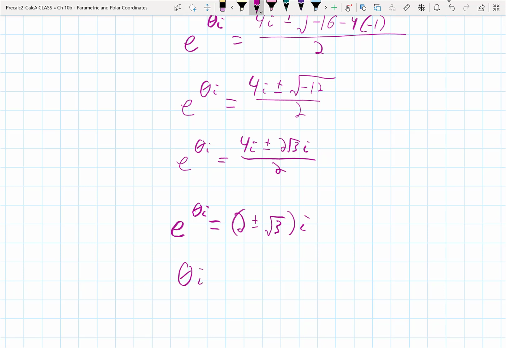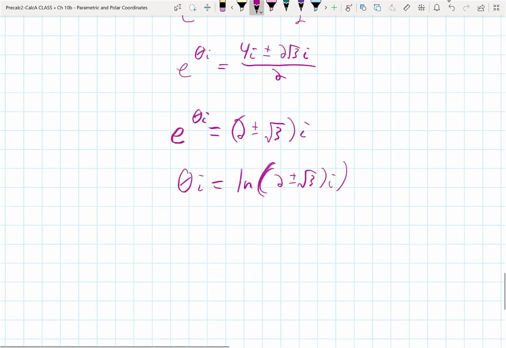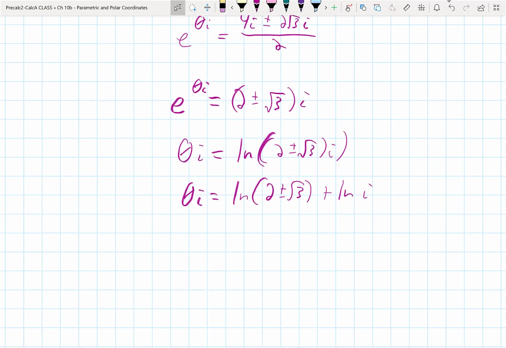Now, that means theta i, if I take the natural log, is equal to the natural log of 2 plus or minus root 3 times i, which by the properties of natural logs we can actually split up. So I'd get the natural log of 2 plus or minus root 3 plus the natural log of i. So we're almost there.